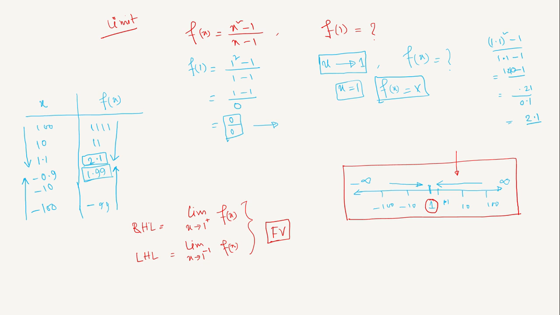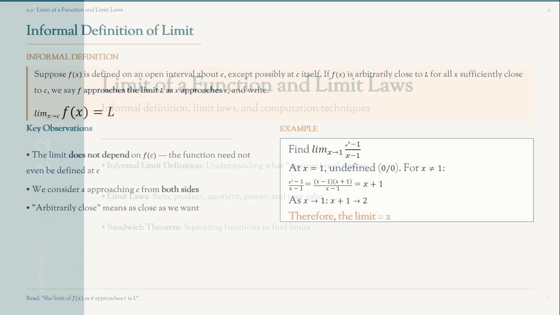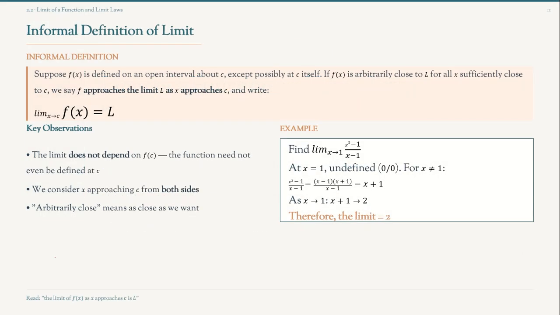Okay. Now we will move on to some calculation of a limit. Basically, there is a definition of limit that is called the informal definition, which I have already discussed.